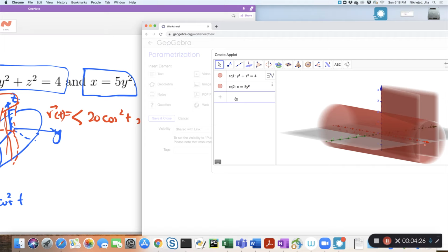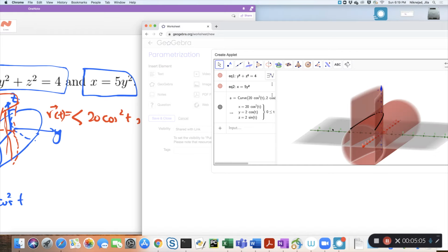So in here I enter the parameter curve of 20 cosine to power 2 of t, 2 cosine of t, and 2 sine of t, and t runs from 0 to 2 pi.